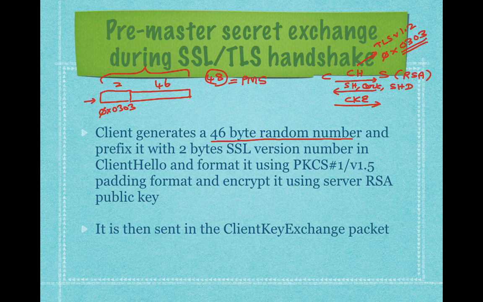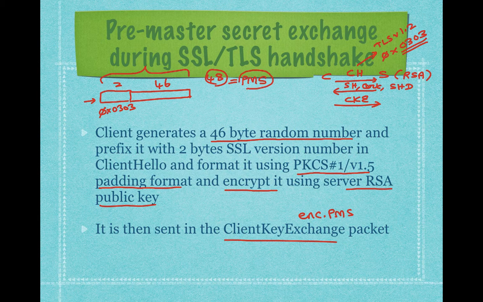The client will take this pre-master secret and pad it according to the PKCS version 1.5 padding format. And then it will encrypt this using the server RSA public key. So basically, the client key exchange message will contain this encrypted pre-master secret and send it to the server. The server will use its private key to decrypt this and get back the plain text.